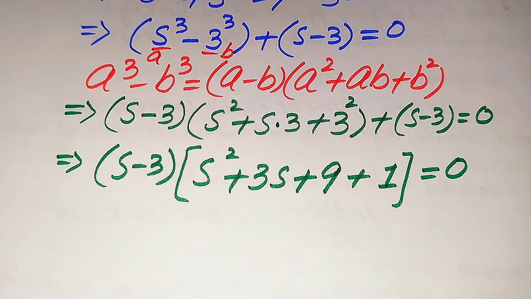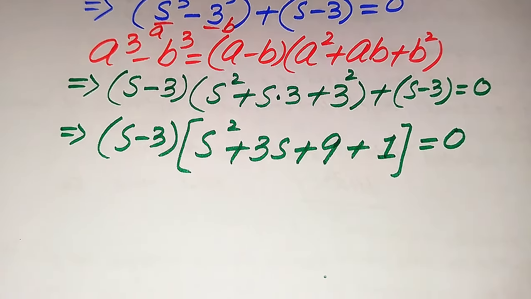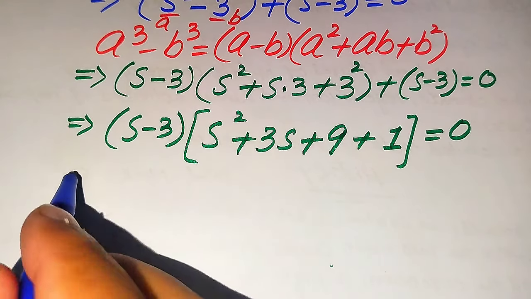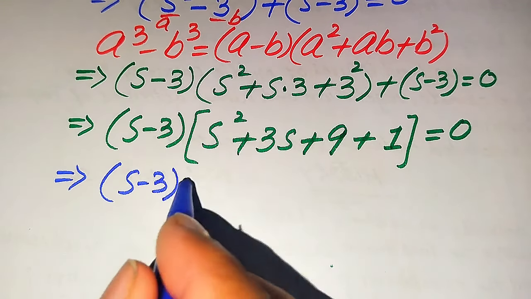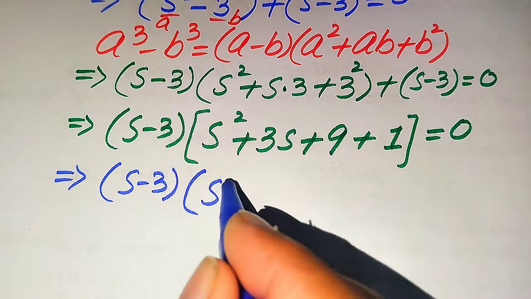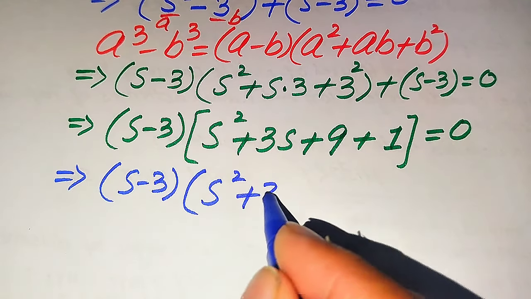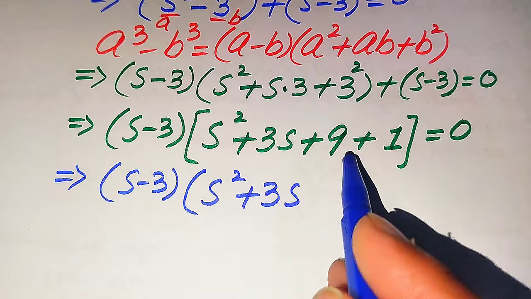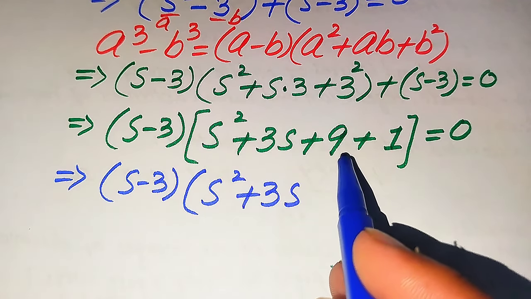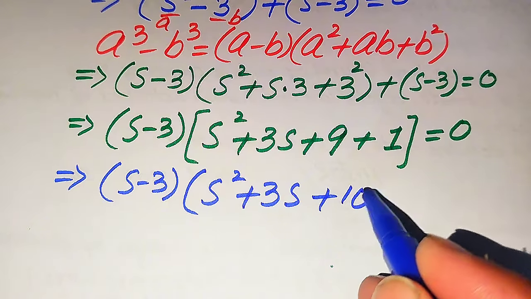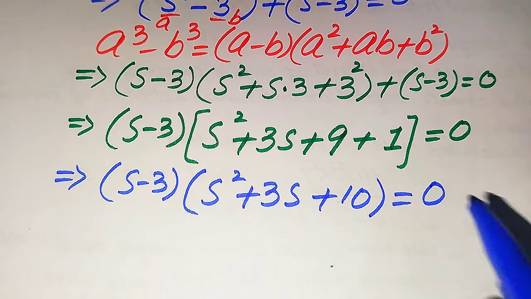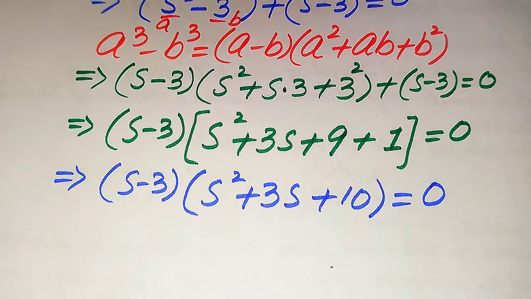So here we need more simplification to get the values of s, or to get the roots of this equation. So we have s minus 3 into s square plus 3s, and 9 plus 1 becomes 10, and this whole equation is equal to 0.